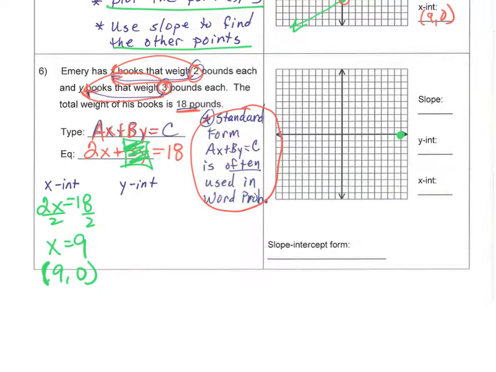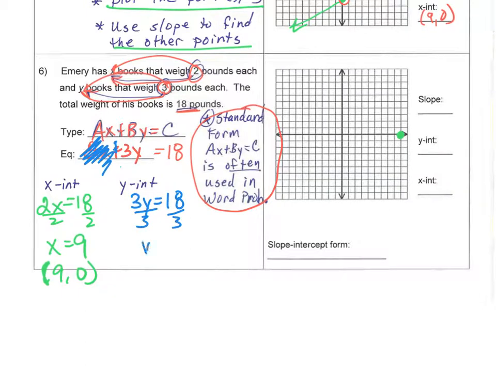And then if I want to find out the y-intercept, then what I do is I cover up that x, and I'm going to use the equation 3y equals 18.